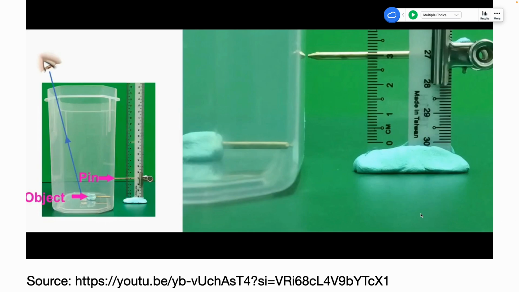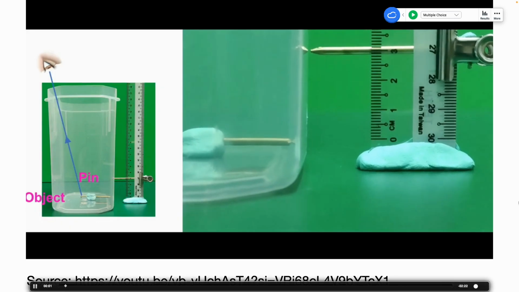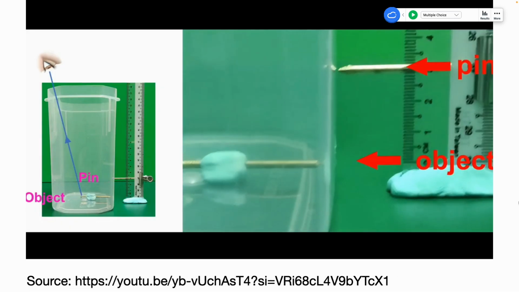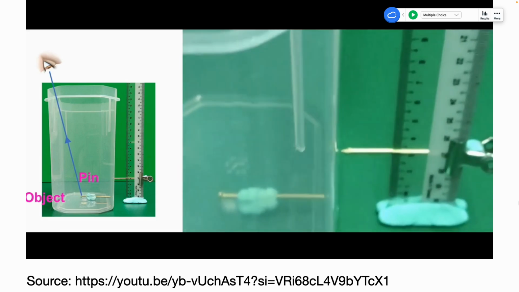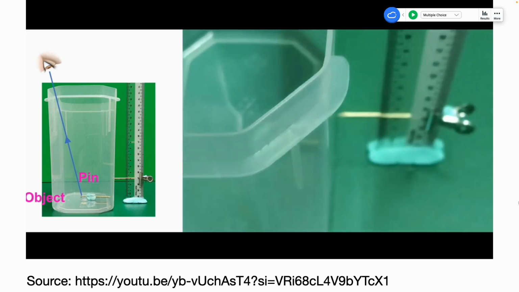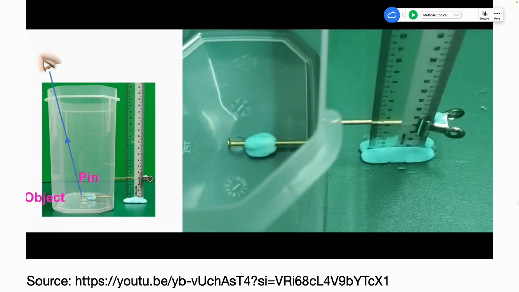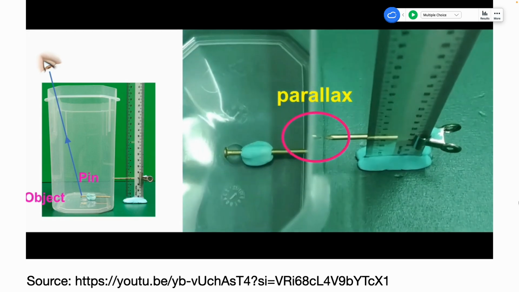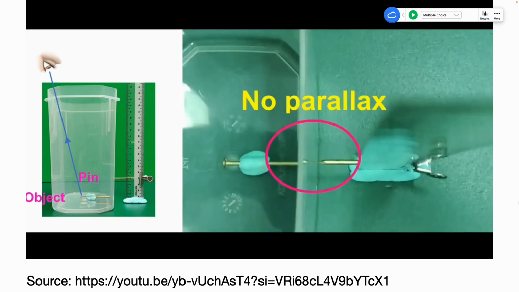Let's look at another example. So this bucket has no water right now, and the nail is down here. And later, in some weeks, you will use this parallax to determine the location of an image.